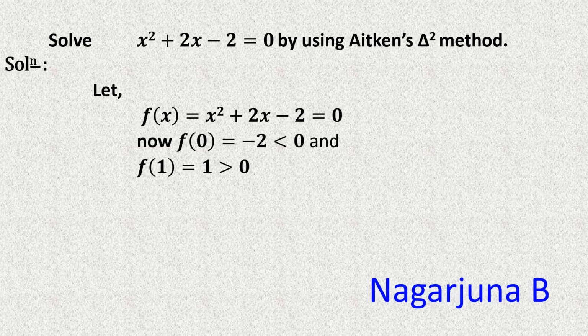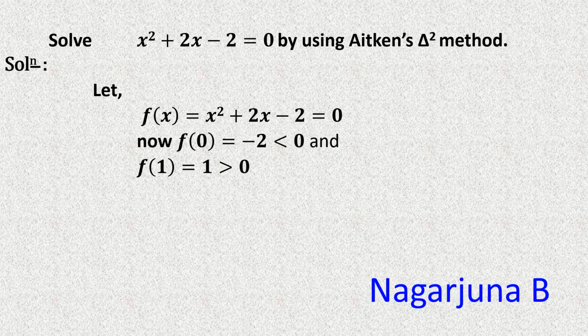So f of 0 is minus 2, which is less than 0, and f of 1 is 1, which is greater than 0. That means what? According to the fundamental property, the root always lies between the negative and the positive value of f of x.